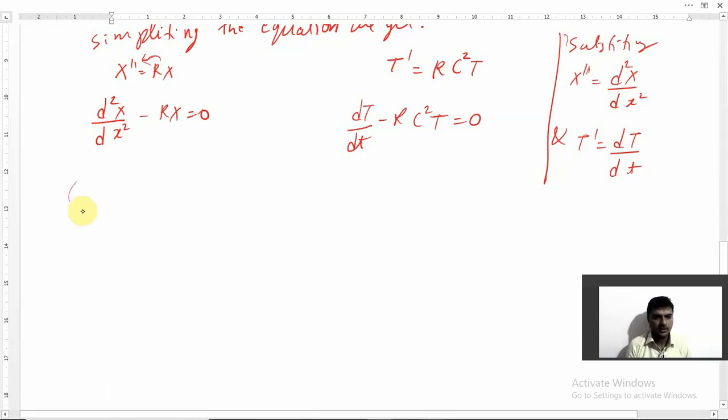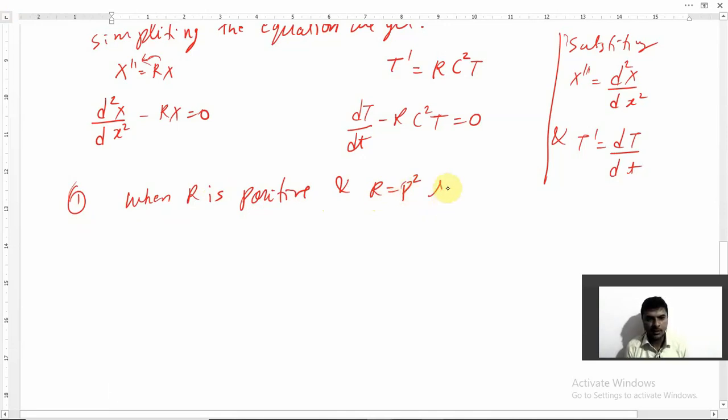So the first condition I am going to take: when r is positive, some positive value, I will take this r as p square, the positive value. I say that p square is some positive value.